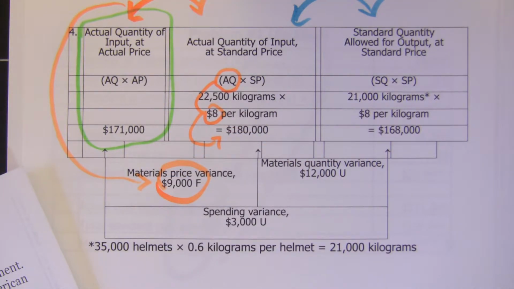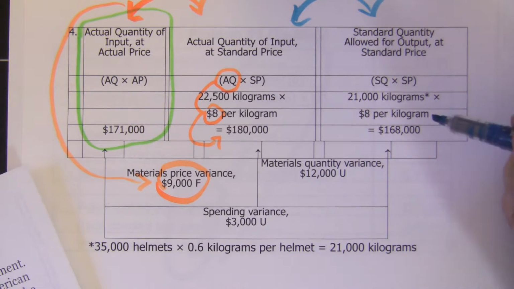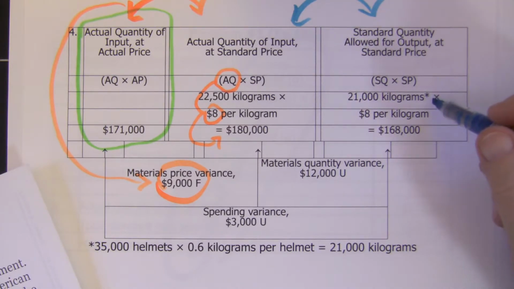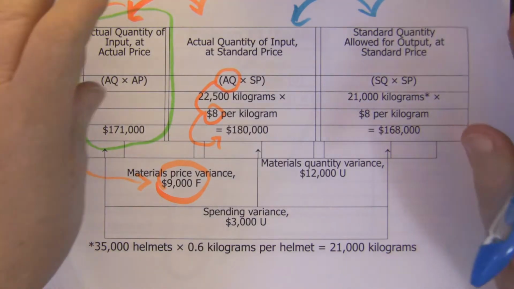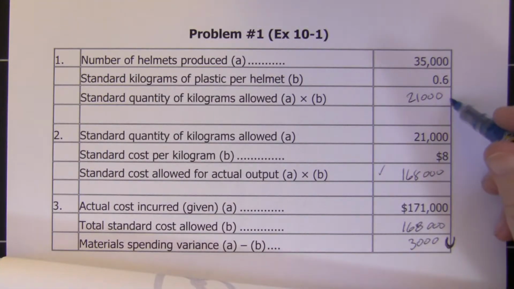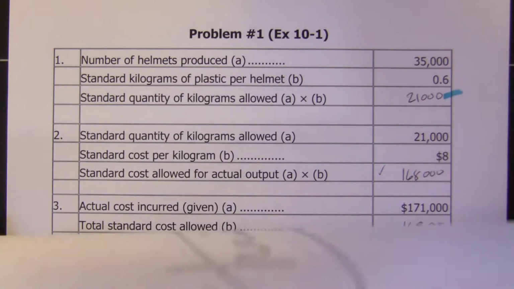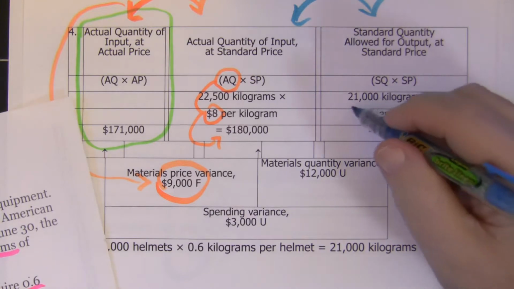Now we're going to see, did we use more than we should have? Well, the standard quantity that we figured out over here is 2,100. That's how much we should have used.